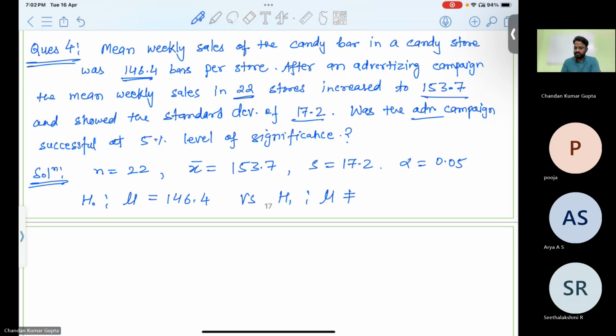That means it is not like this; here it is greater than. We are discussing whether the weekly sales increase or not. So either it is equal to this or it is greater than this. So it is a one-tail test.